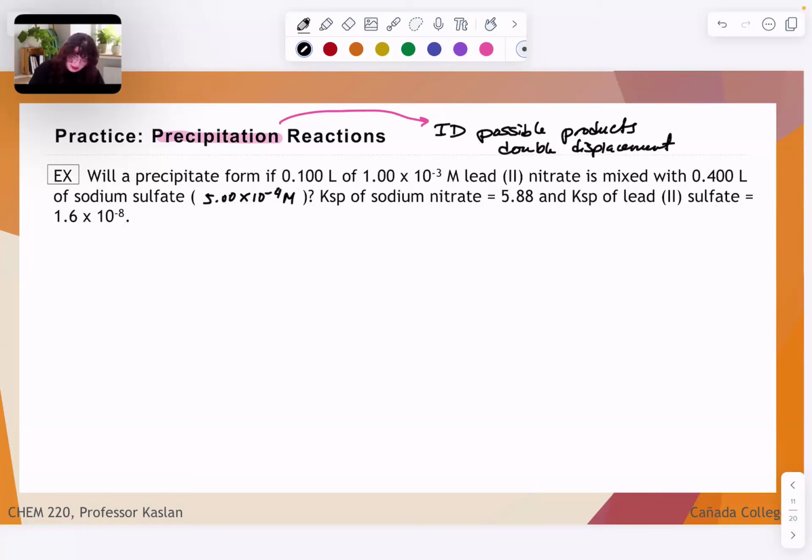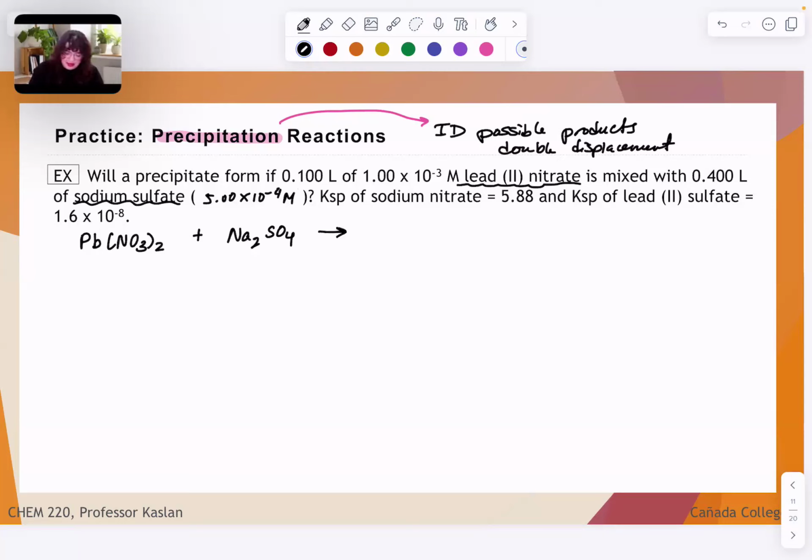So I've got to look at my reactants. So I have lead(II) nitrate, this is Pb(NO3)2, coming together with sodium sulfate, that is Na2SO4. So polyatomic ions don't go away.